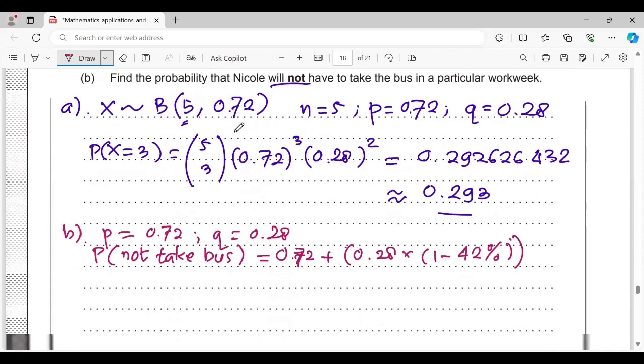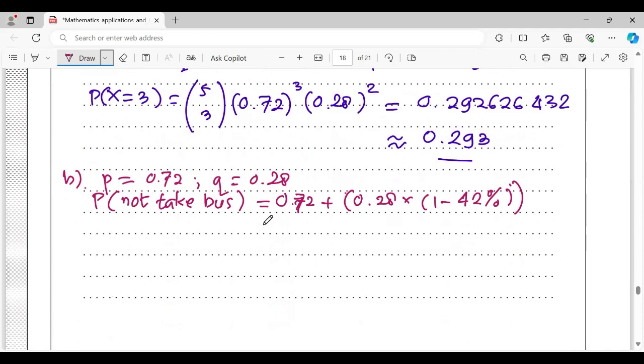So it is 0.72 plus 0.28 times 1 minus 0.42. 1 minus 0.42 is 0.58. And if you calculate, the result is 0.8824.